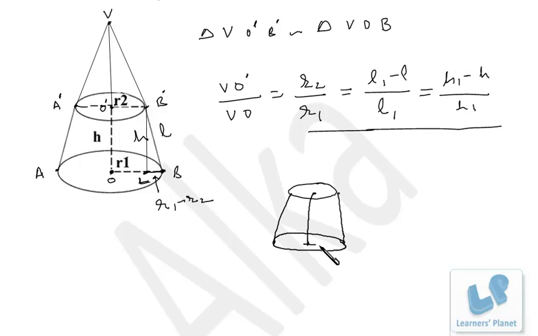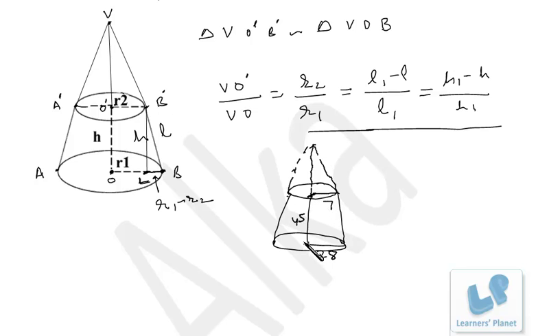Here it is given that the radius of the bigger circle is 28, the radius of this smaller circle is 7, and the height of this frustum is 45, right? As I already told you, you need not mug up the formula when you have to find the volume of this frustum. Even though you don't have to, for explanation I'm just completing it into a cone. Now this is 1/4 of this.